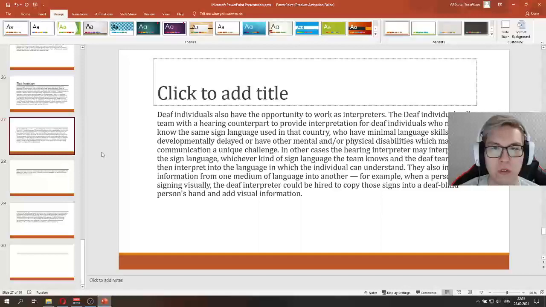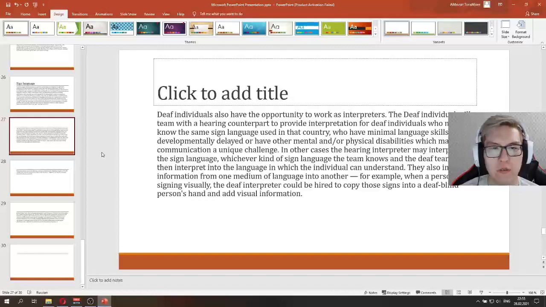Deaf individuals also have the opportunity to work as interpreters. The deaf individual will team with the hearing counterpart to provide interpretation for deaf individuals who may not know the same sign language used in that country, who have minimal language skills, are developmentally delayed, or have other mental and/or physical disabilities, which make communication a unique challenge.